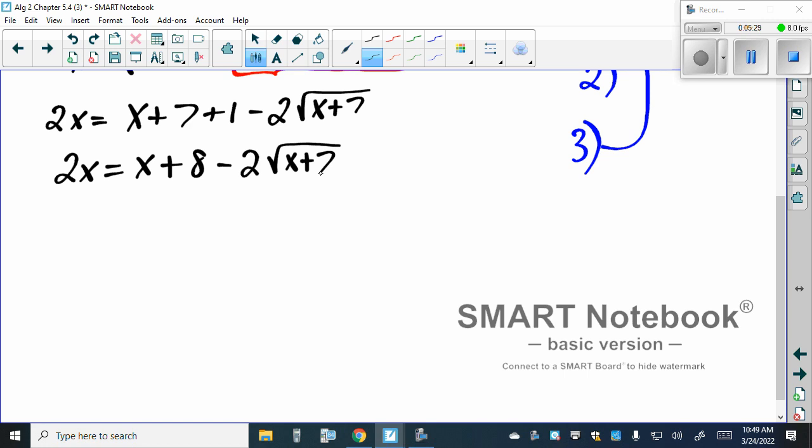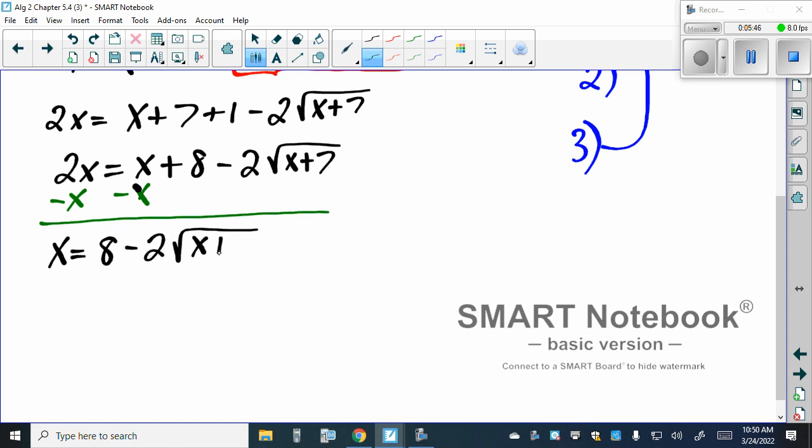So what can we do first? We can subtract x, yes. And this would tell us that x is equal to 8 minus 2 square root of x plus 7. Well, now we're going to need to subtract the 8.